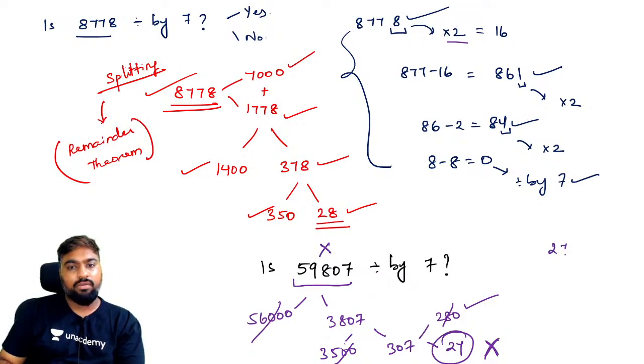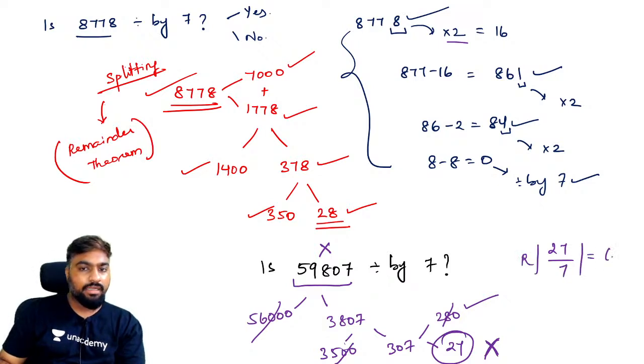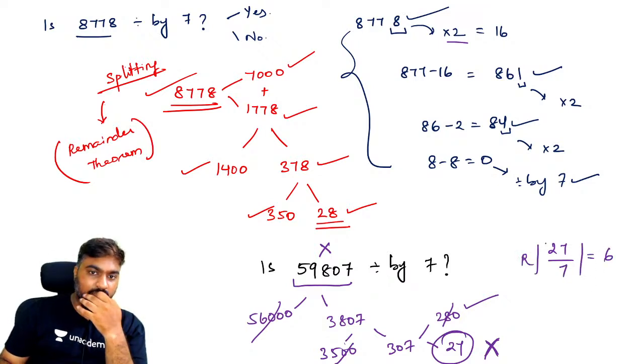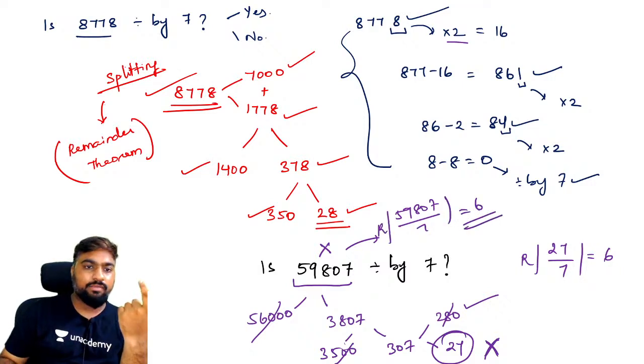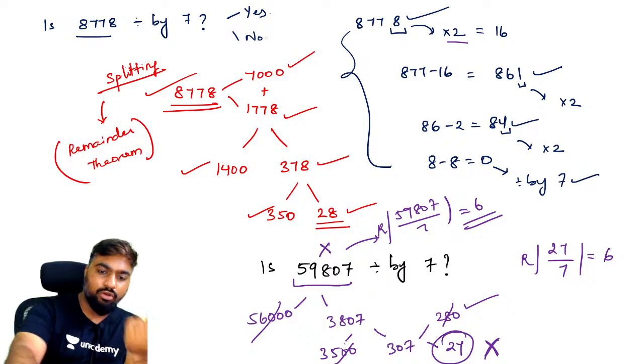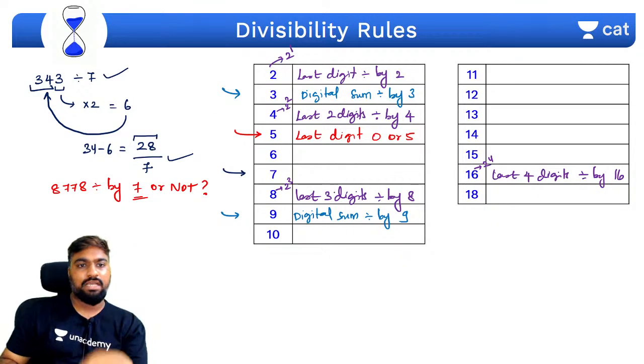So when I divide 27 by 7, what will be the remainder? Remainder is 6, correct? 21 is divisible, so remaining 6. So here also, when 59807 is divided by 7, what will be the remainder? Same, 6. Getting it? So by splitting, you'd be able to know more about the number, right? So that's with 7.